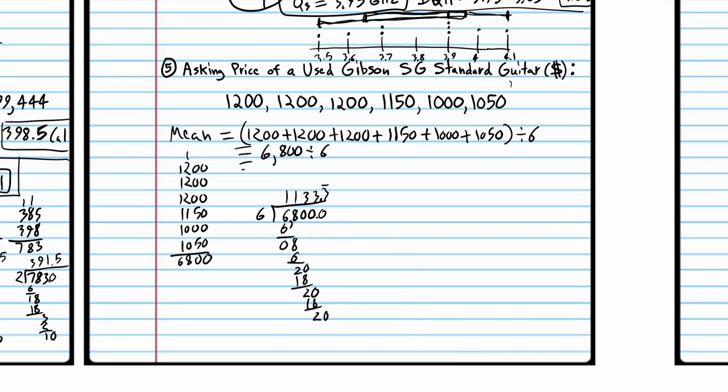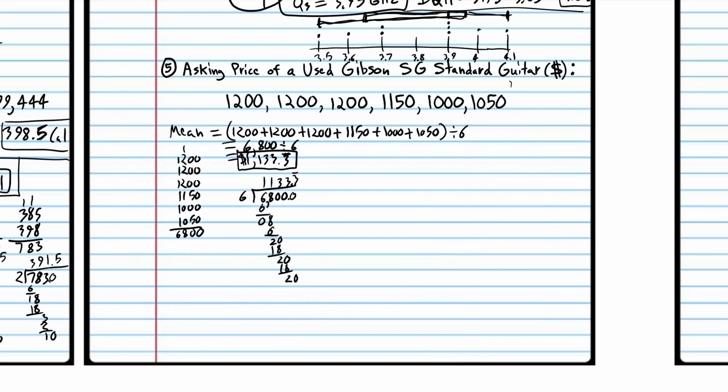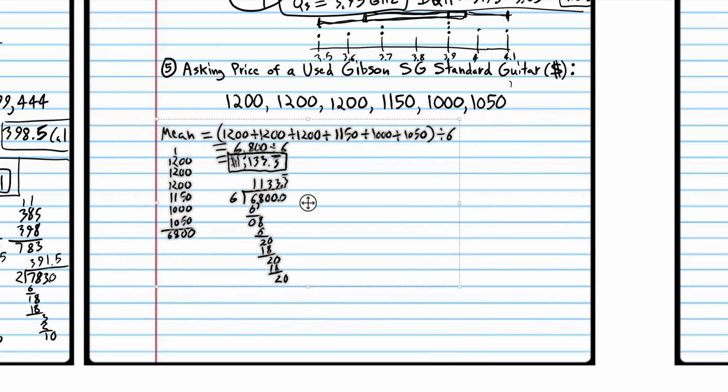So if you got 1,133.3 repeating dollars, good job. Now I didn't mention here that a dollar sign usually goes to the left of the number. So you can go ahead and put that dollar sign there. But if you got that number, good job. All right, so we're going to have to shrink this. Now find the median, and when you come back, we'll do it together.